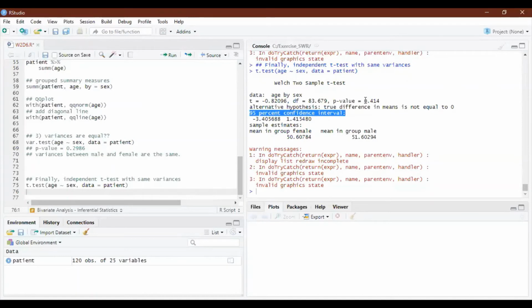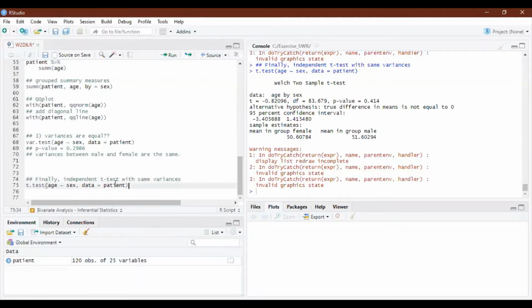But here we have a value greater than 0.05, so we say that the two groups are the same. But we also need to account for the same variance. By default, the variance assumption is set to false, so let's look at it.